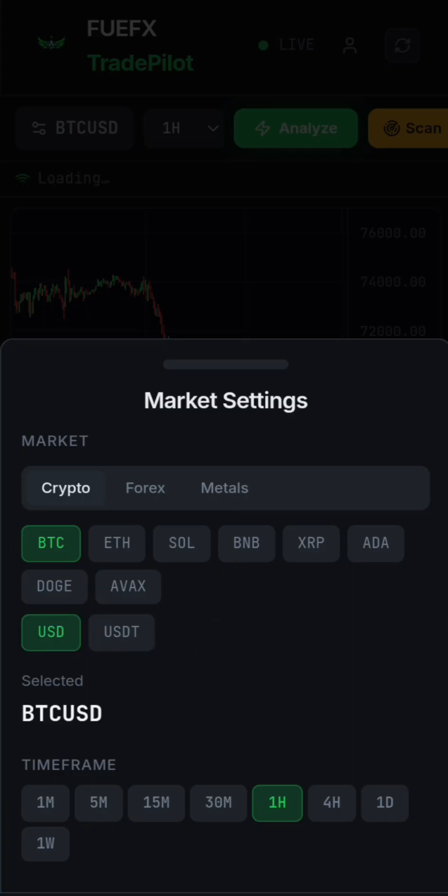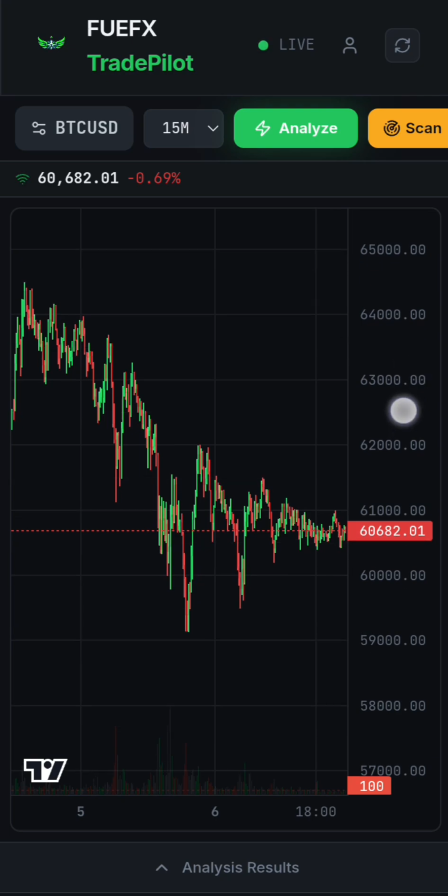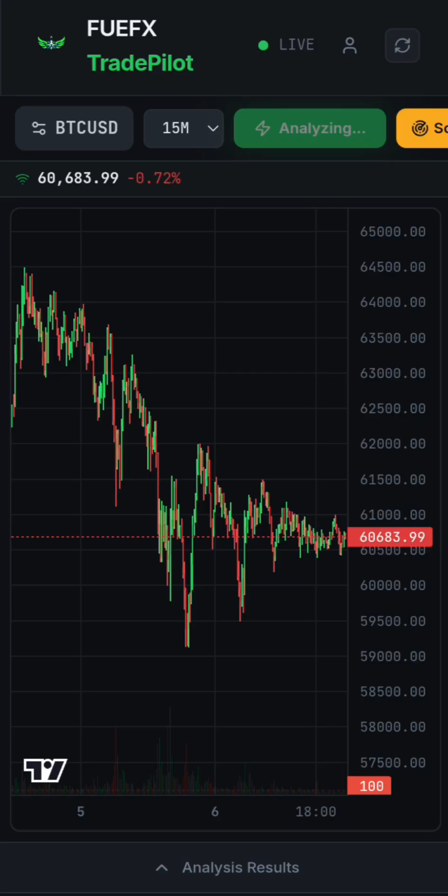Then I can select the time frame I want to analyze. I'll say 15 minutes. You can see the chart is currently in the set time frame, BTC USD and 15 minutes. So all I need to do is click on the analyze button, which will start the analysis.